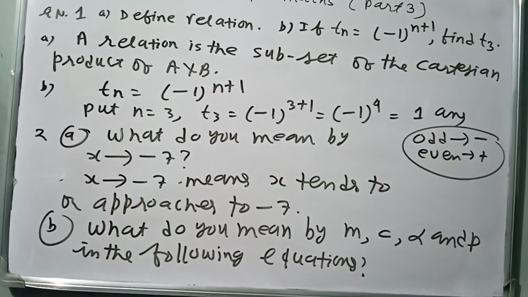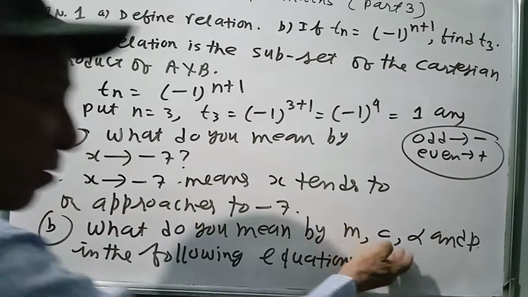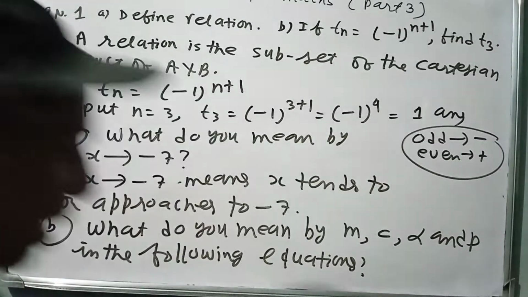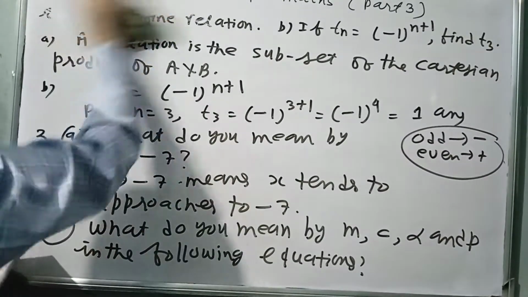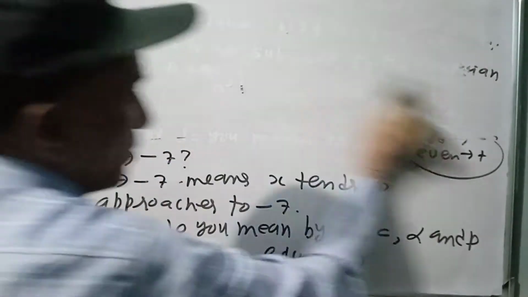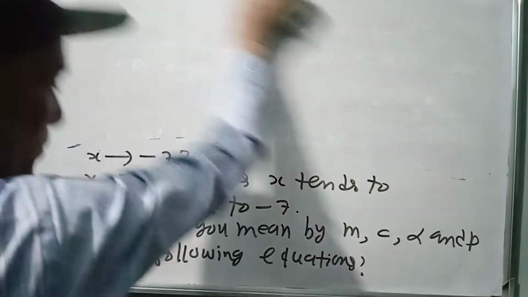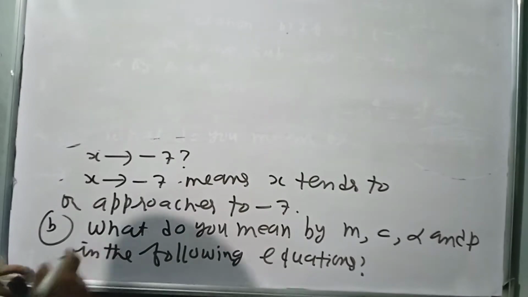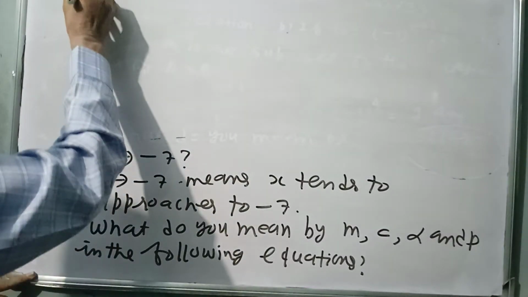What do they represent? I am going to write down the equation. See, the equations are as follows.